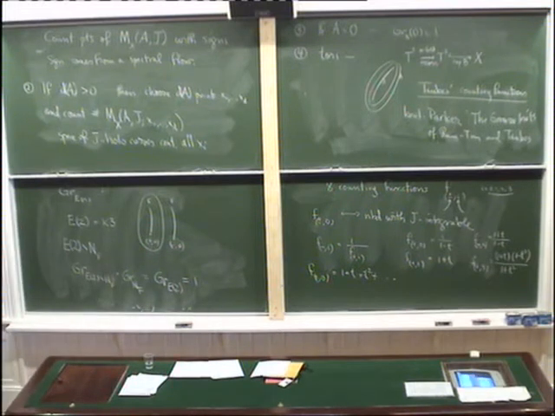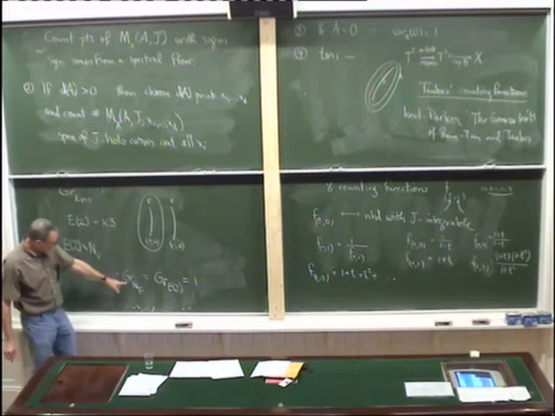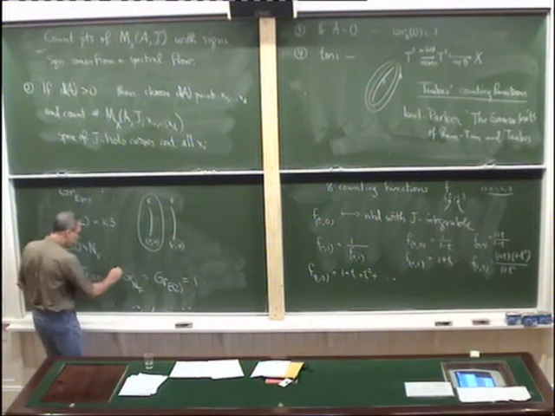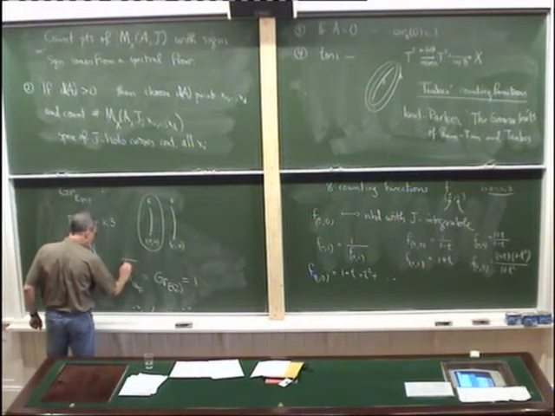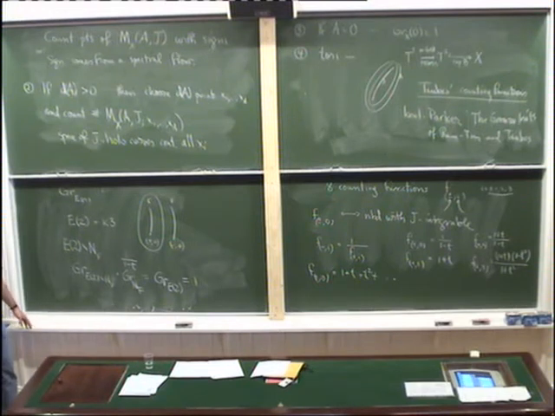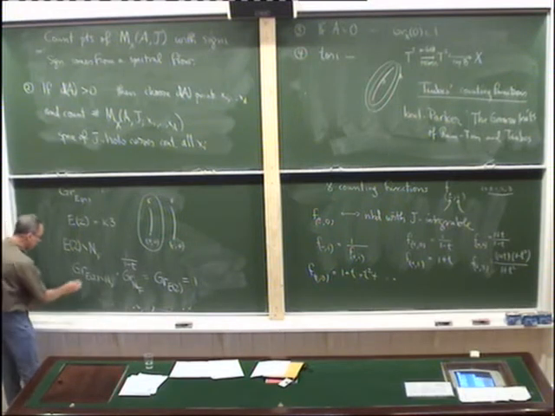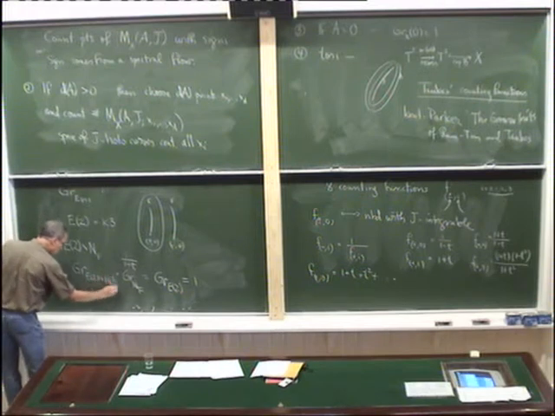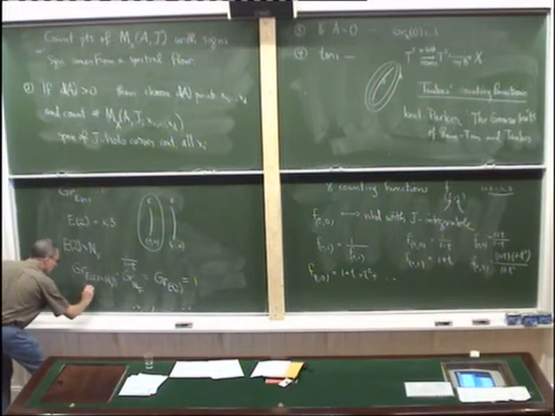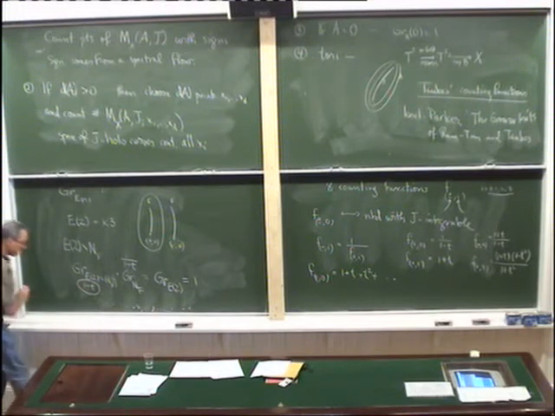But here we have a plus 0 torus neighborhood, so its Gromov invariant is 1 over 1 minus t. So that means that the Gromov invariant of K3 minus this neighborhood is 1 minus t. Okay, so we got 1 minus t.